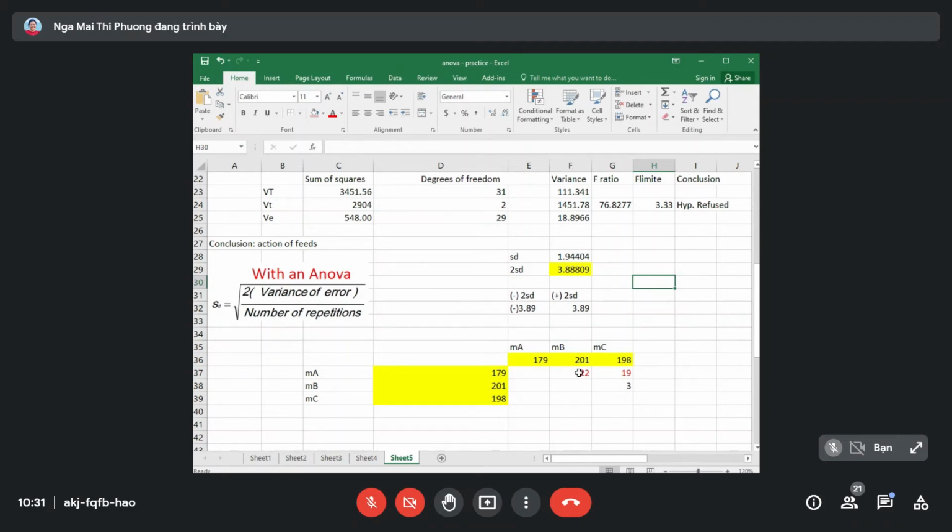So we say that A and B are different. 19 is bigger than 2 SD. So A and C are different. For B and C, the difference of means is 3 and it belongs to the range. It means that B and C are not different. So they are the same. The effect of feed B and feed C is the same on the number of eggs.